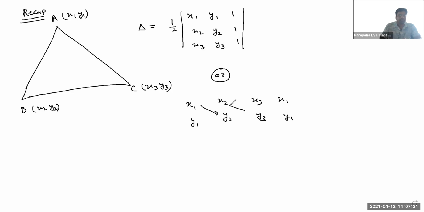Then find the sum of the product of all the downward arrows, the value D, and the sum of the product of all the upward arrows, the value U. Then the area of the triangle is half mod of D minus U. So this is the formula to find the area of any triangle.